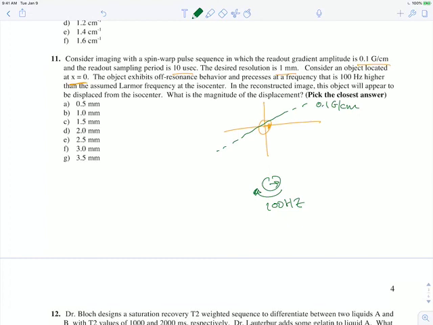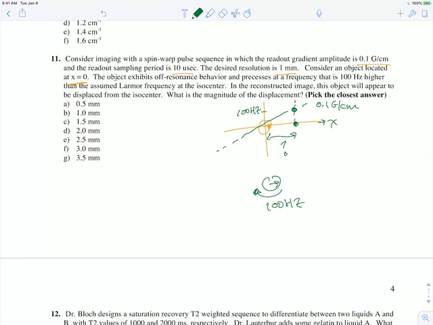A spin here in the presence of some gradient would precess at 100 hertz. So the question is, what is this distance x? How far do I have to go out before a spin precesses at 100 hertz? That's all it's asking.